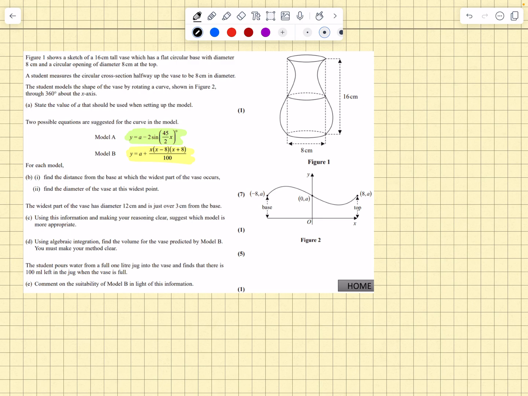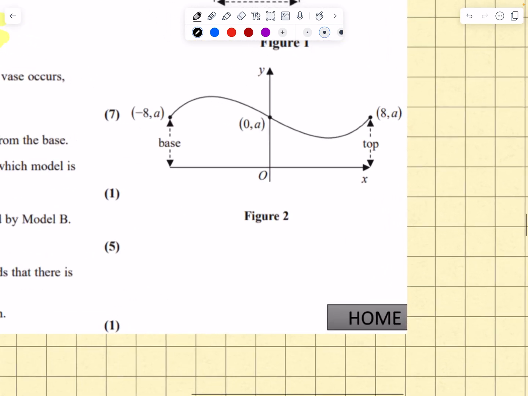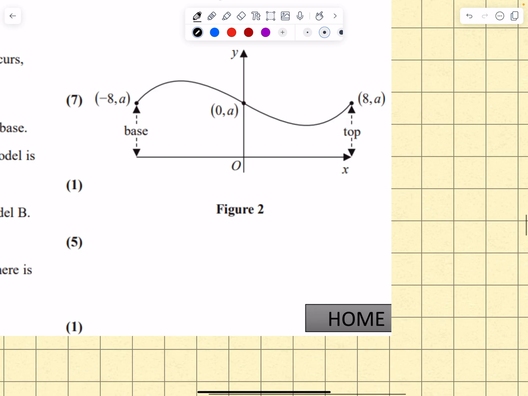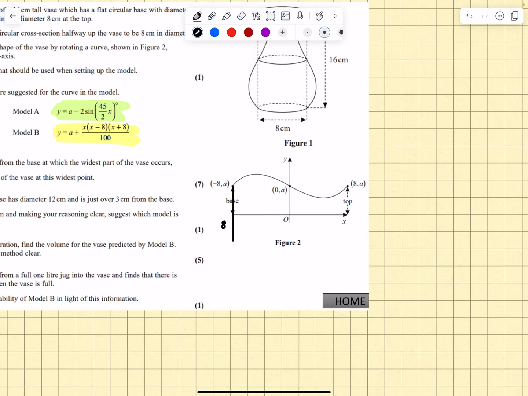State the value of A that should be used when setting up the model. Because you know the diameter is 8, if you think about this shape here, it's looking like that. That means this entire thing has to be 8 in diameter, which means the radius has to be 4.